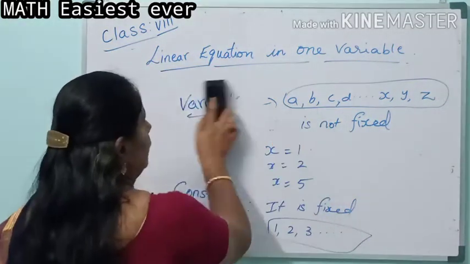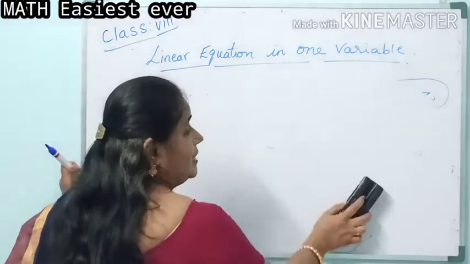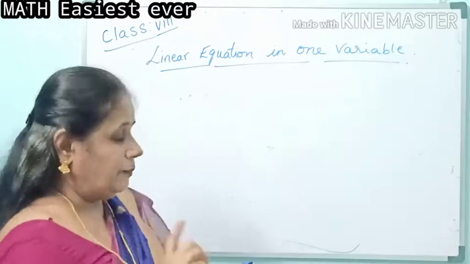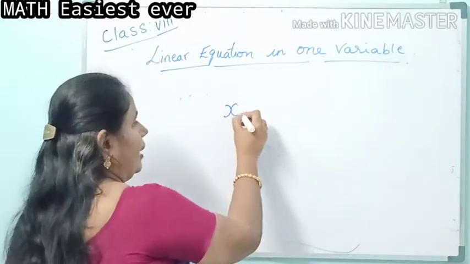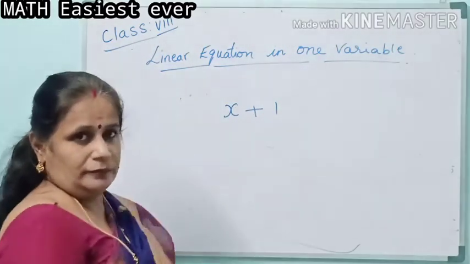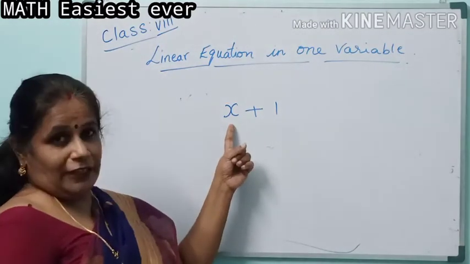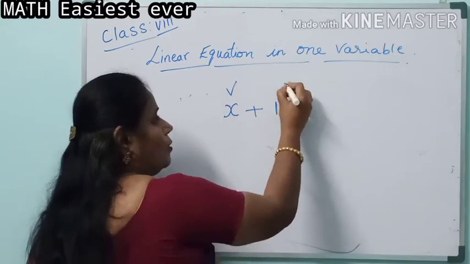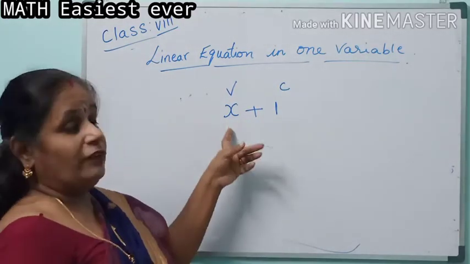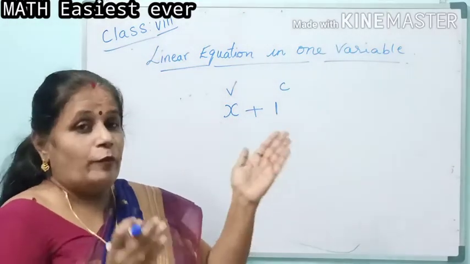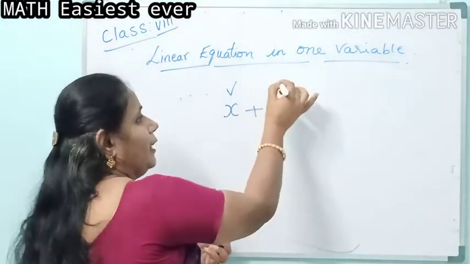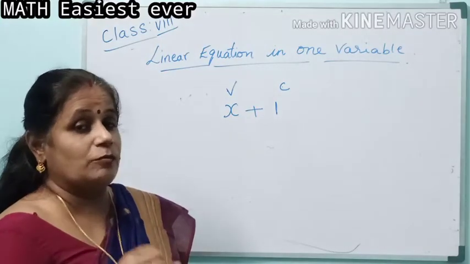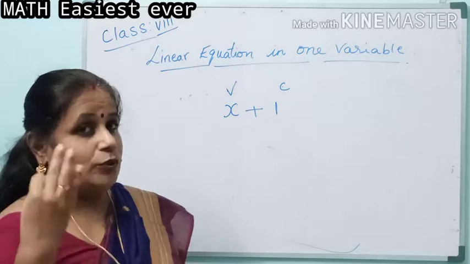Next we are going to recall what an algebraic expression, or an expression, is. Now I give x plus 1. I told you x is a variable and 1 is a constant. When you combine the variable and constant with any of the arithmetic operations, plus, minus, multiplication or division, isn't it?